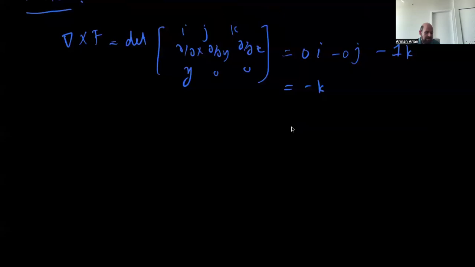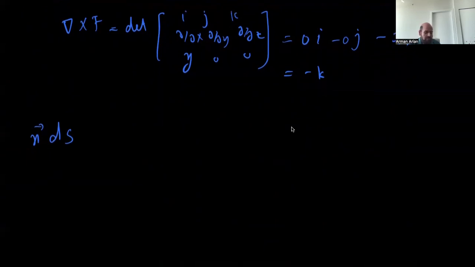And now let's look at dS. To calculate n dS, the oriented differential of the surface element, we need to calculate the normal vector. So how do we calculate this one?